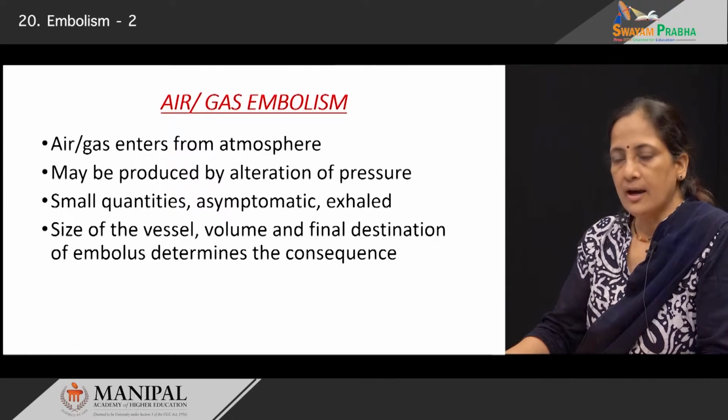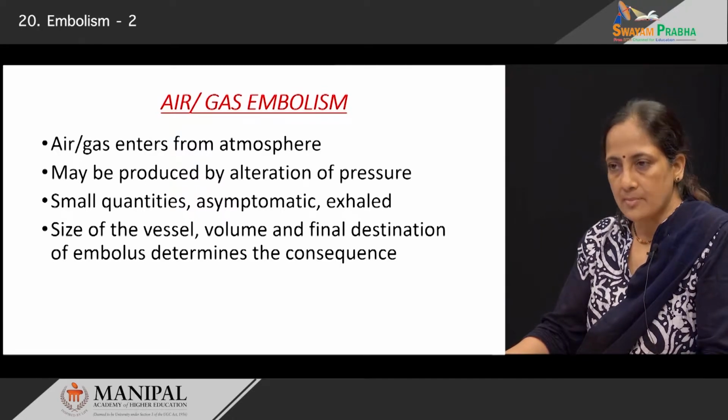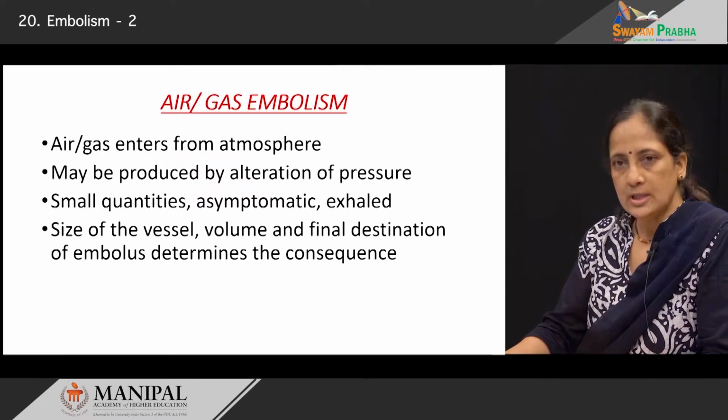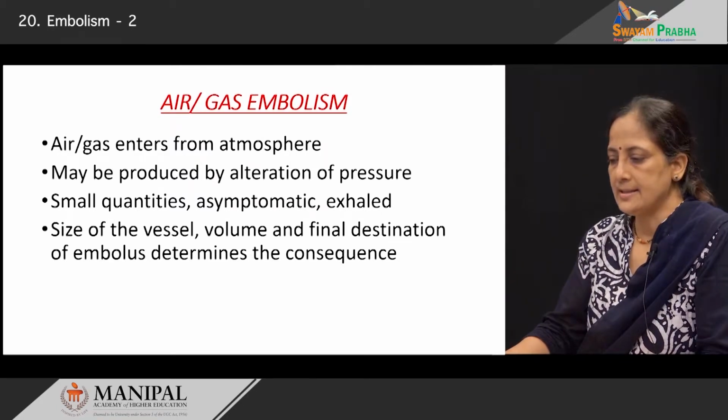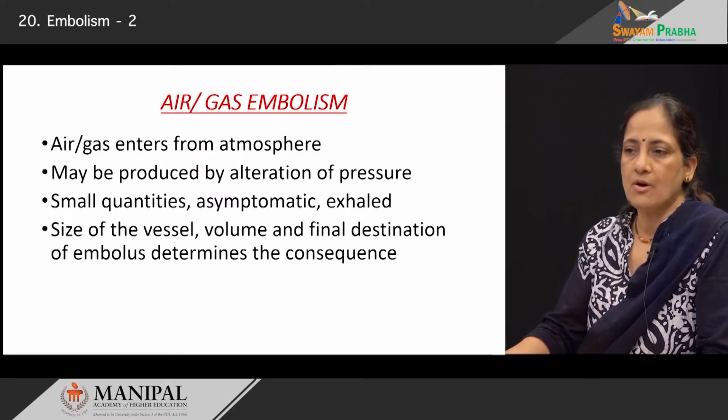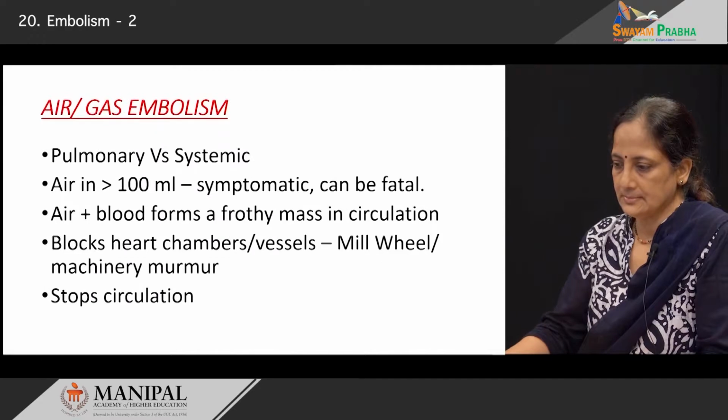However, if large volumes of air or gas are present in the tissue, they do become clinically symptomatic. The outcome of such emboli depends on the size of the vessel involved, the volume of the air or gas that is entering the circulation, and the final destination of the embolus.